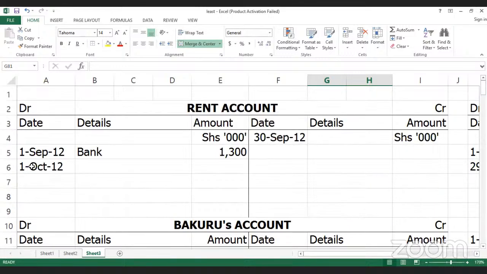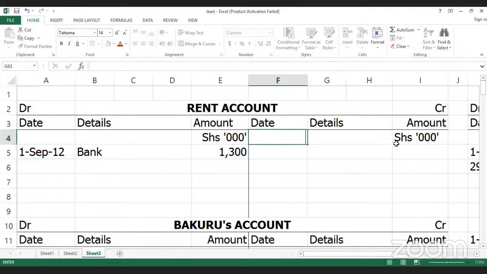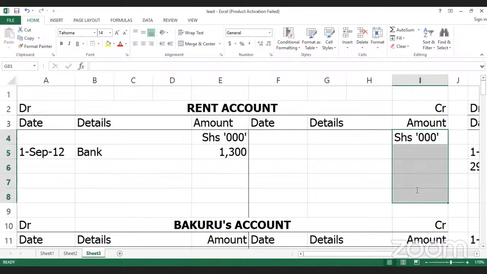Let's move to the rent account. Which side is greater when it comes to the rent account?